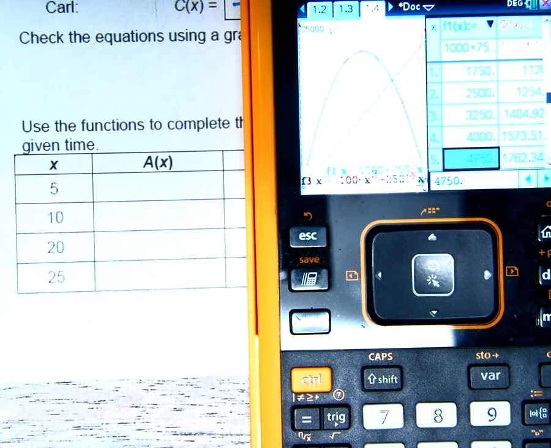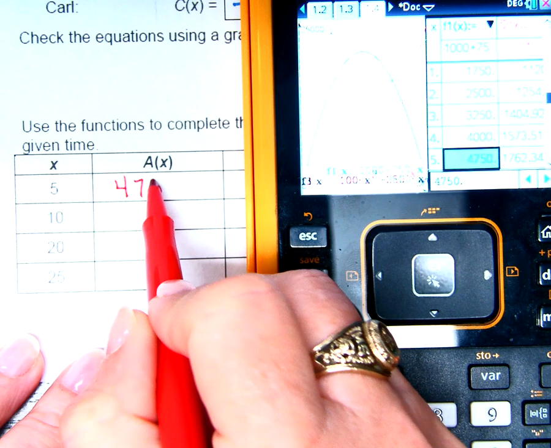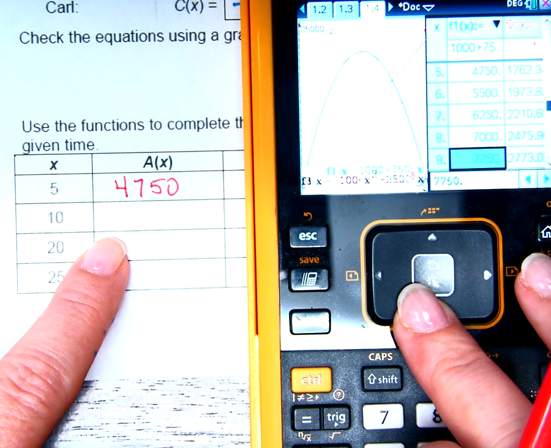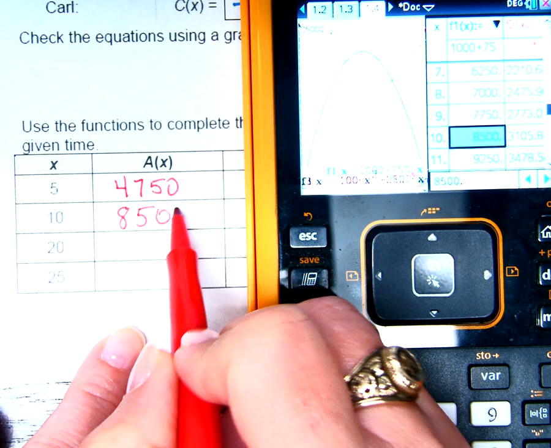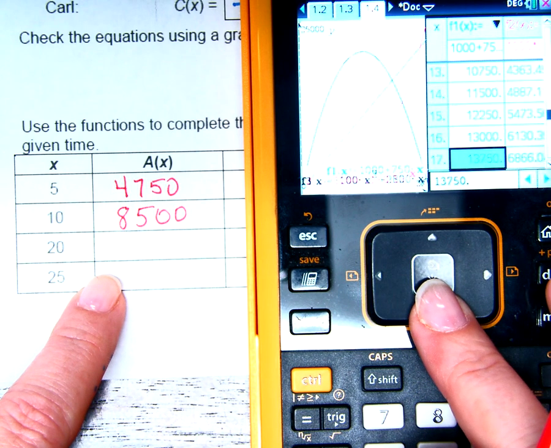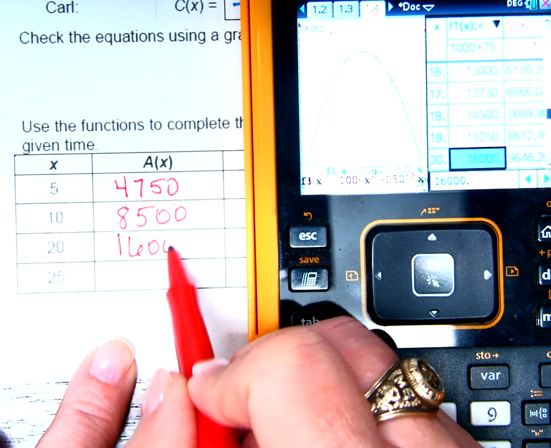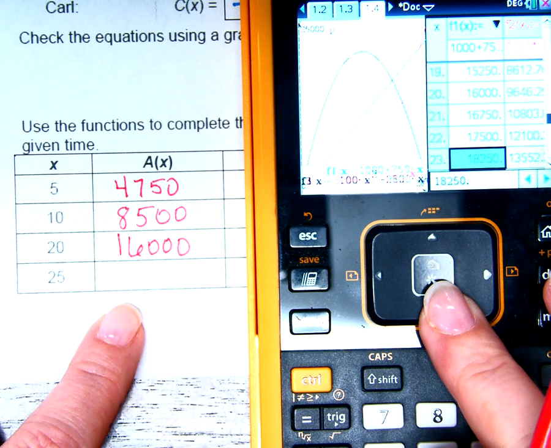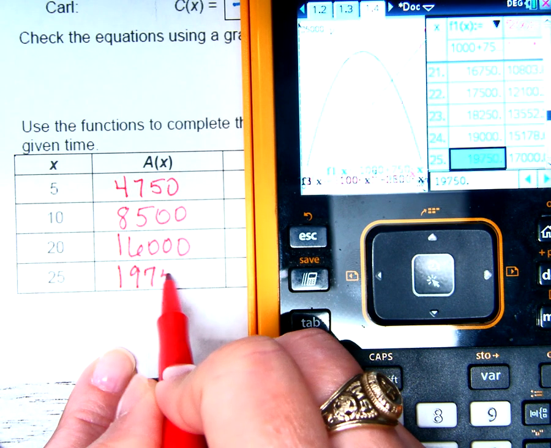After 5 years, Alan has $4,750. That's good. After 10 years, whoa, $8,500. Excellent job, Alan. After 20 years, $16,000. And after 25 years, $19,750.